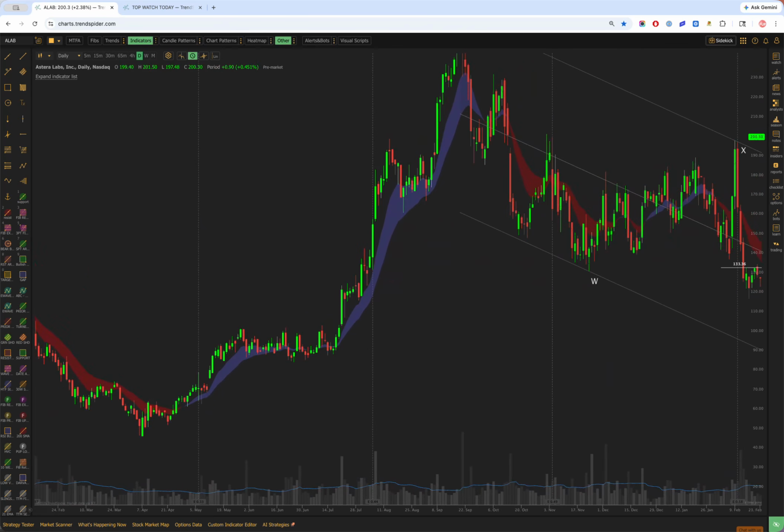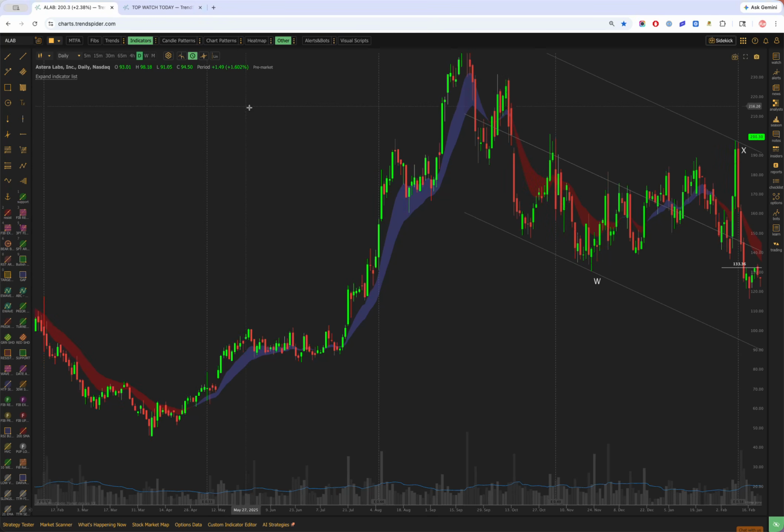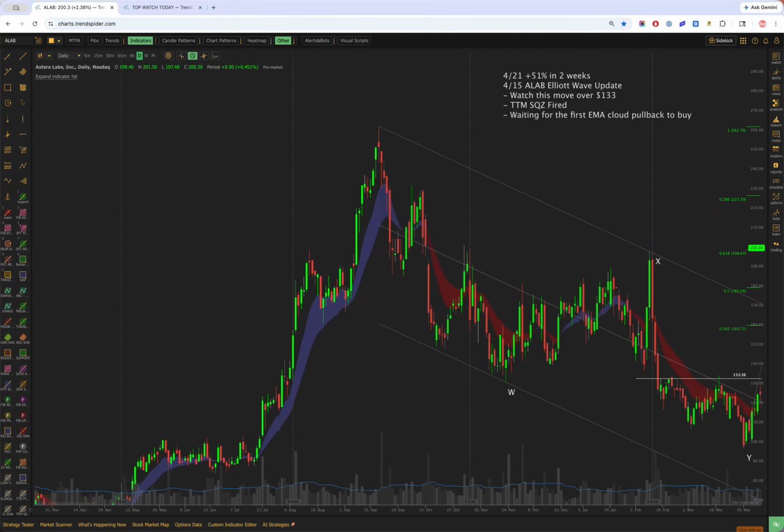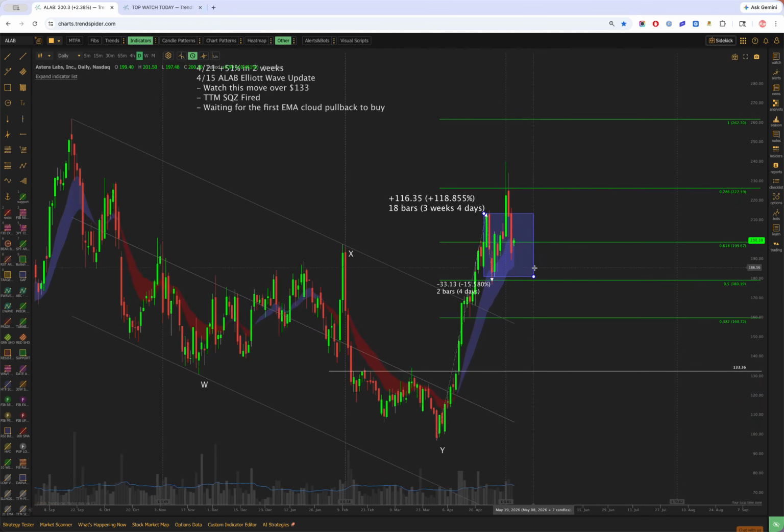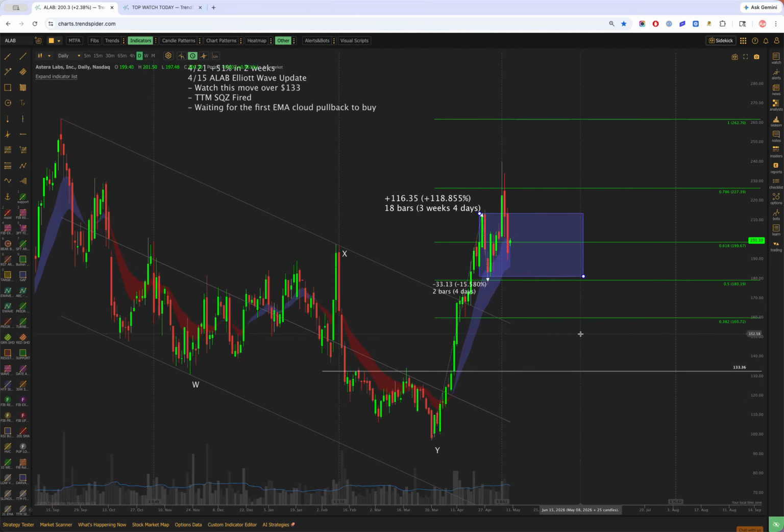Right here. Here's 1. High tight flag. Here's 2. High tight flag. And here is the attempt of a third, but it breaks. What's happening on ALAB now? Same thing. Pay attention.